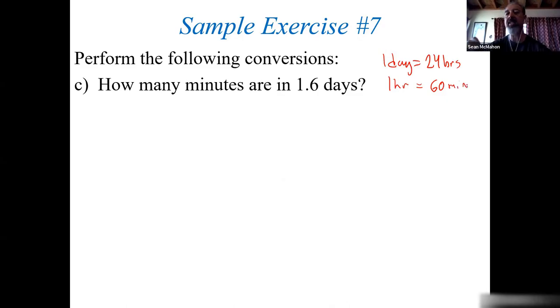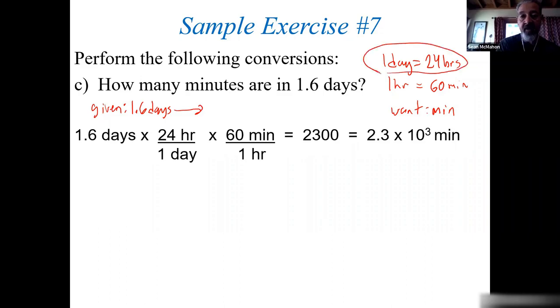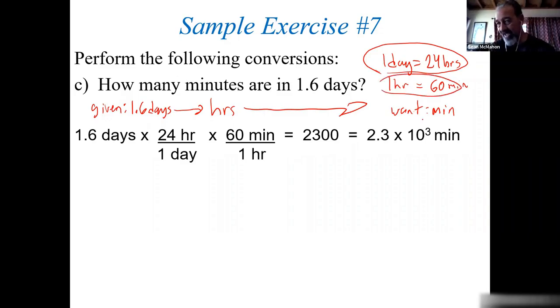Okay, so this isn't 1 conversion factor, it's 2, but it's okay, because we're going to start with the given 1.6 days, and we want minutes. So how do we do that? We can go from days using this conversion to hours, and from hours we can use this conversion and go to minutes. So I know I kind of did this real quick because I'm sloppy. I want you to be able to see it, but basically you're going, all right, 1.6 days is what I start with.